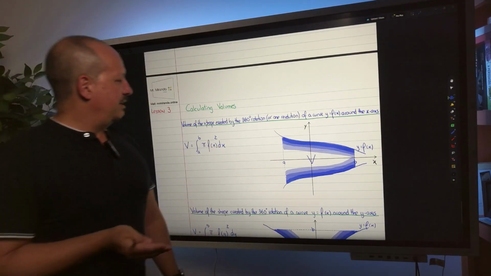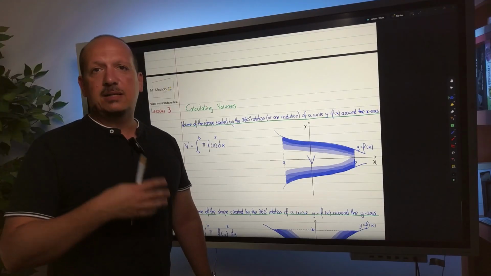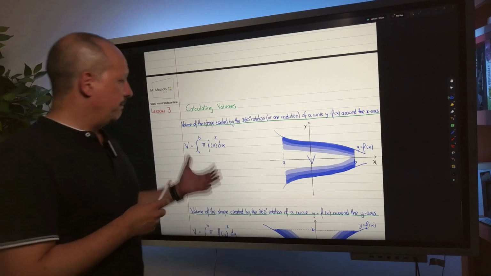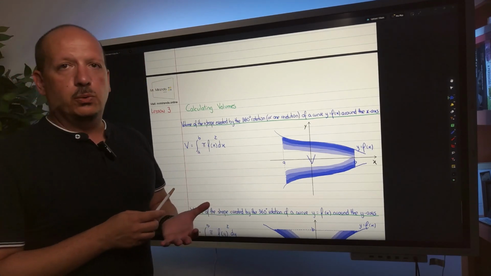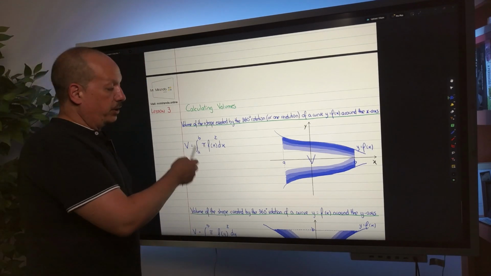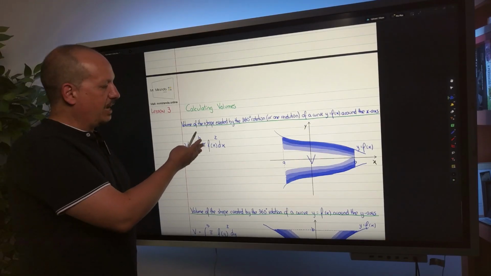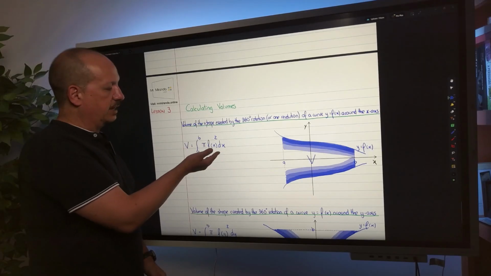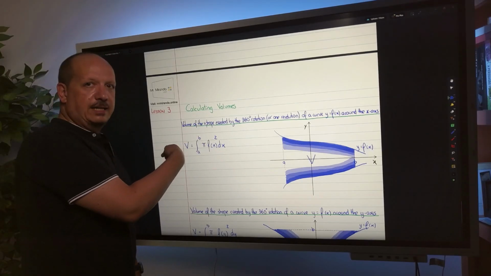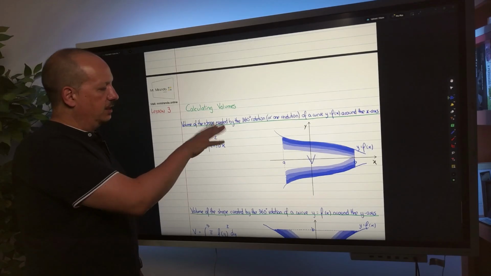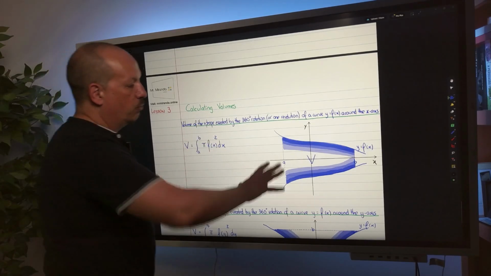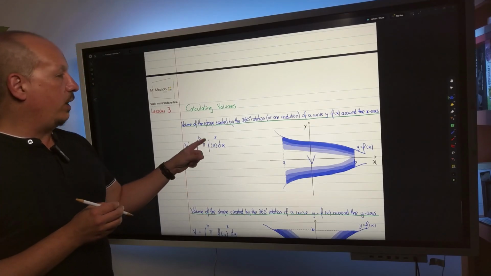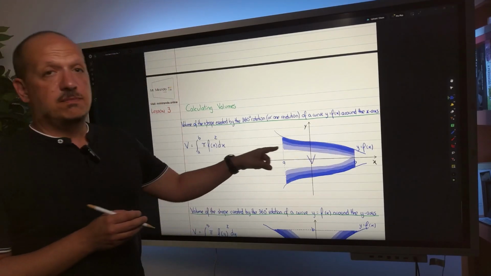I know, easier said than done, but you are going to learn as you do exercises that there's really not more to it. You will just have to not forget the pi, okay? Your answer is always going to be in terms of pi. Don't forget that pi is a number, so you can get rid of it, putting it behind the integral symbol, and then just deal with whatever you have left. Your result will always have pi in it, and you have to square whatever the function is, okay?